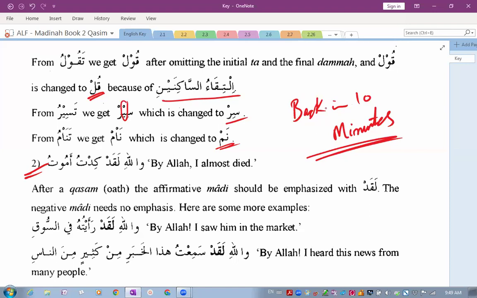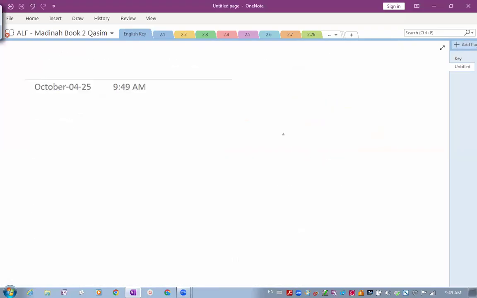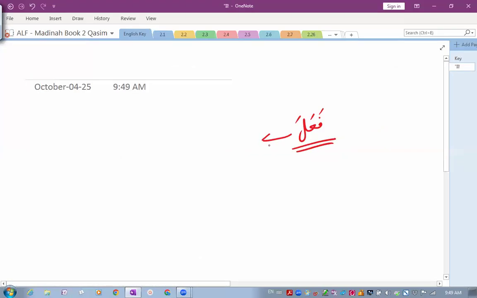If you can scroll up a little bit. So in the Madi, you can have fa'ala, right? You are going with the bab part.